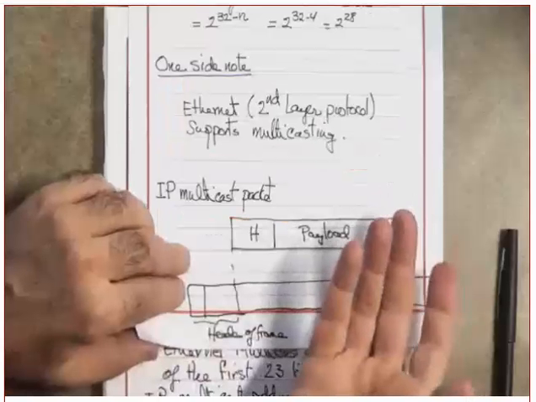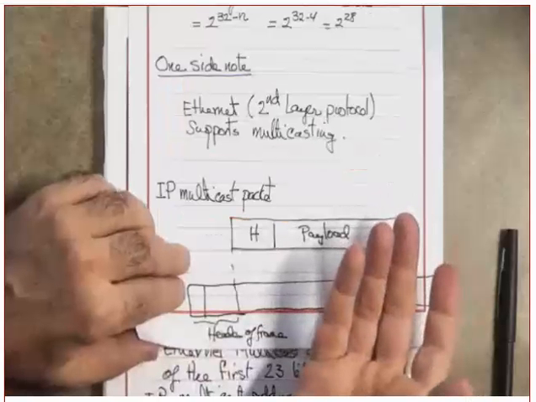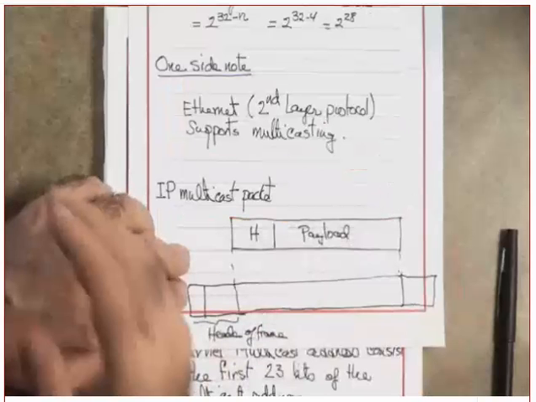Which means the network layer in that host will recognize that and will drop it. Clear?